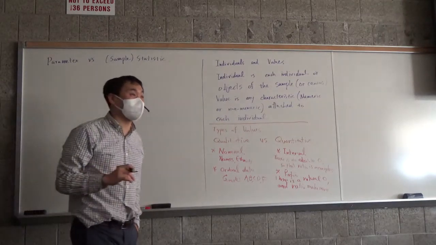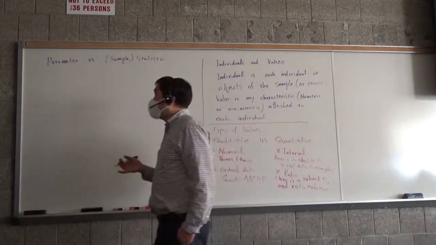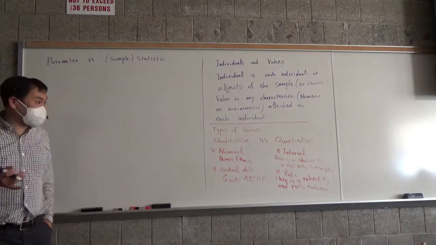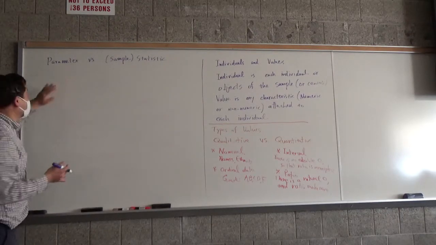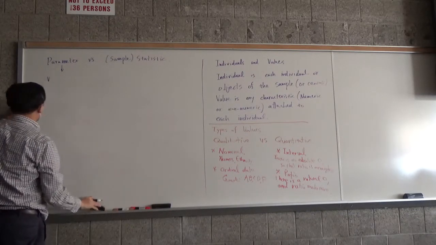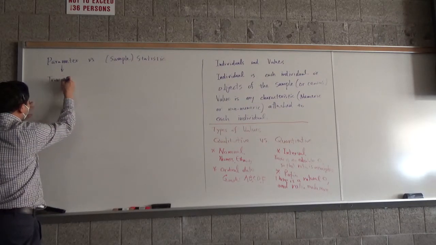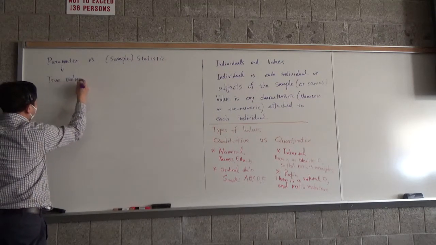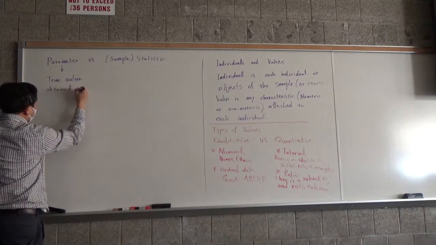Then the number of smokers that you get out of that is what we call the parameter. So this is the true value obtained from the whole population.